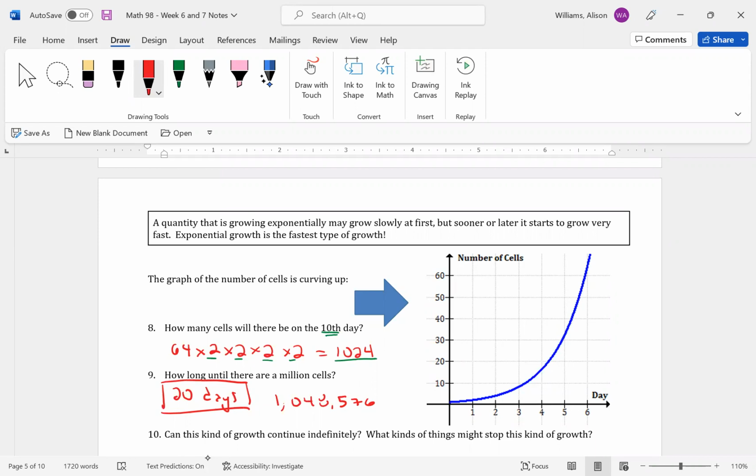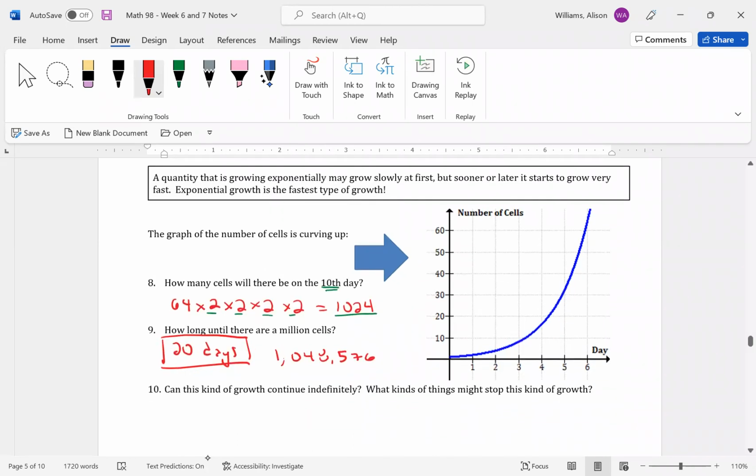All right. So can this kind of growth continue indefinitely? Well, in terms of cells, no. Especially if the cells run out of space or reach some sort of moment where maybe they're attacked, right? Or the temperature changes and their climate changes.